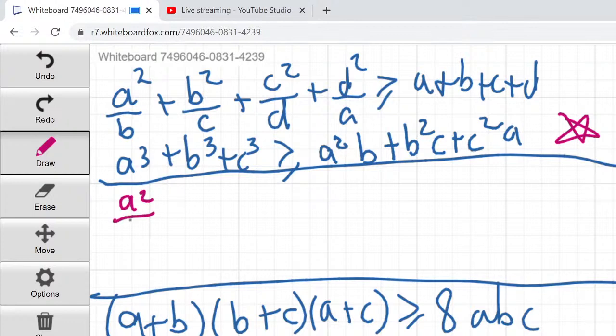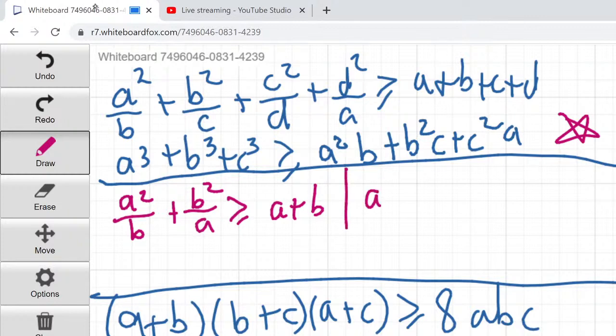You have a squared on b plus b squared on a, it's greater than or equal to a plus b. And if you clear the denominators, then what you get is a cubed plus b cubed, it's greater than a squared b plus a b squared.